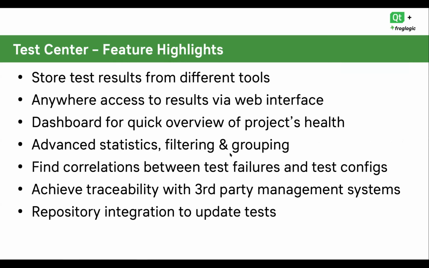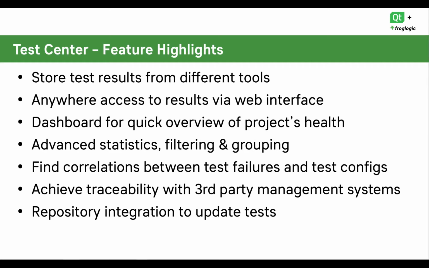So a few feature highlights, pretty much already mentioned them, is to store test results not only from Squish, but also from different tools, like JUnit results can be imported as well. You have access from anywhere to the results through the web interface. You have a configurable dashboard to get an overview of the project's health. There are a lot of advanced statistics, filtering, and so on and so forth.